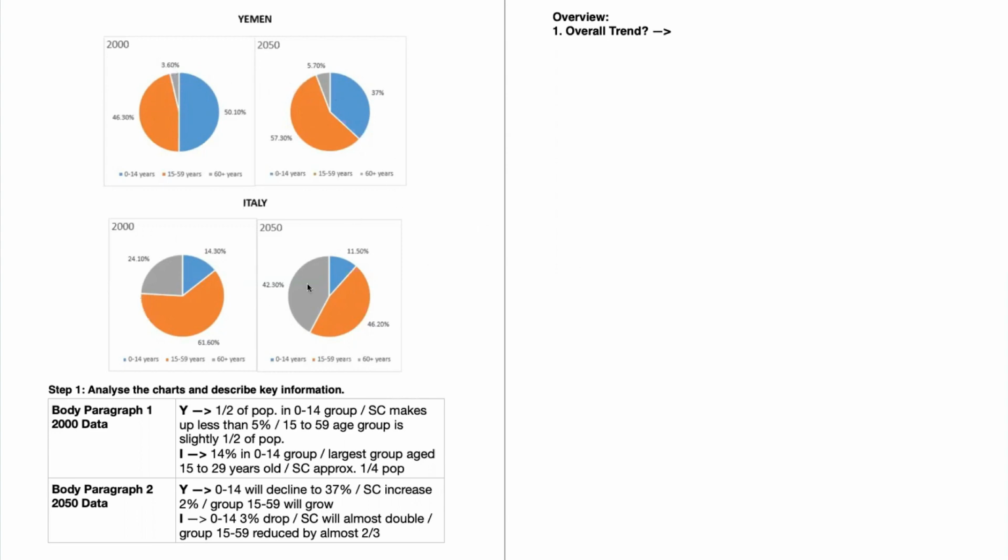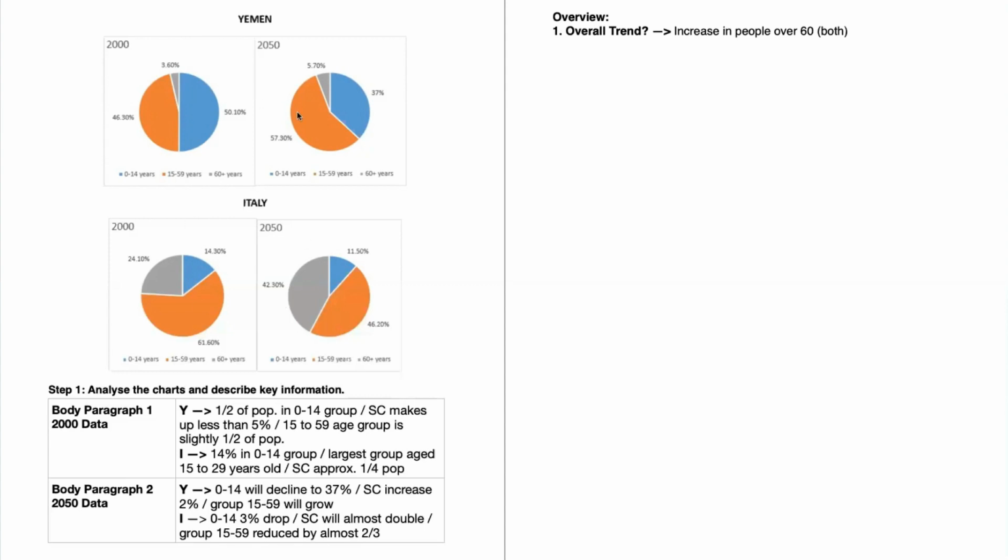And that is something that is true in all cases. This is definitely a trend because the percentage is going to become higher overall for the senior citizens. So let's make a note of that. I'm just going to write increase in people over 60, and I'll put both, and that means for both countries.